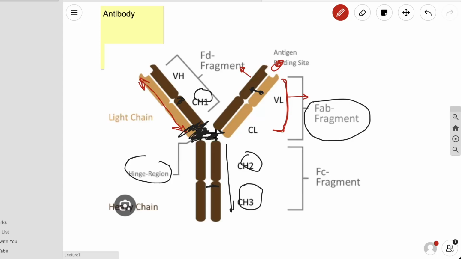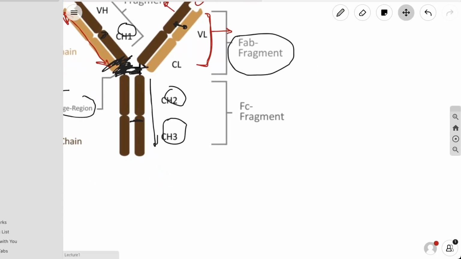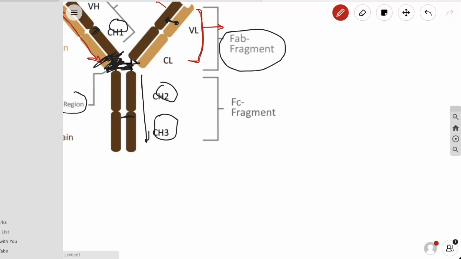Now the FC, what do we mean by FC? Okay, let me tell you how this FAB and FC came about. Let me shift this and illustrate it very well. A group of scientists carried out an experiment.